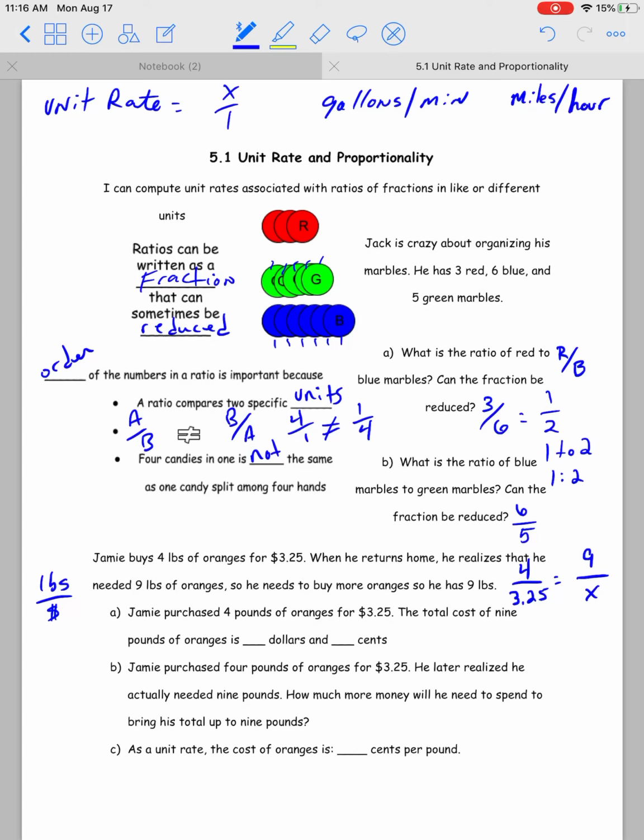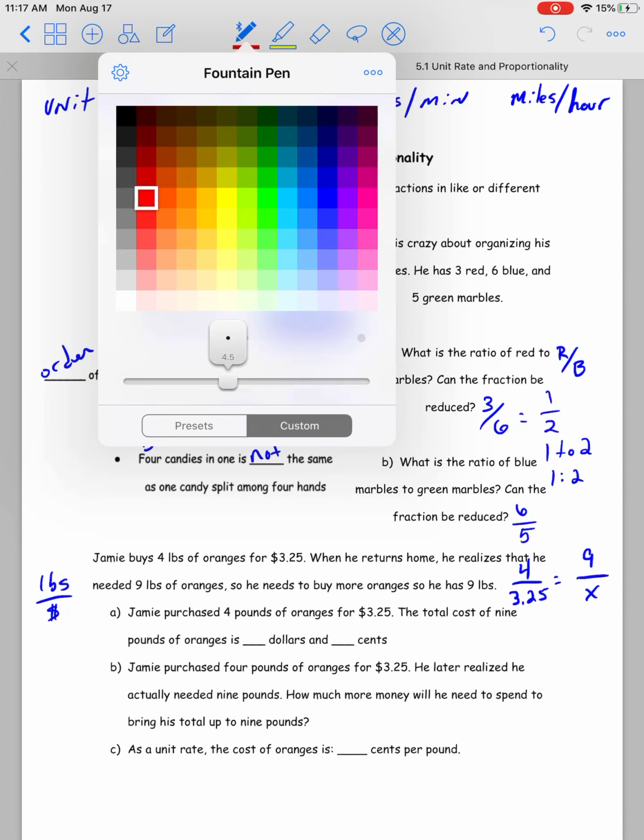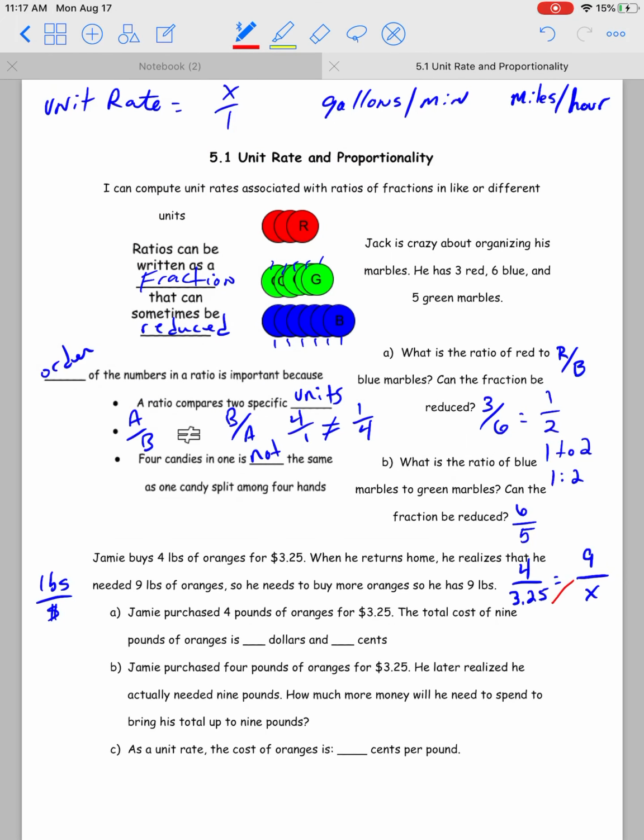I'm just going to use the money symbol. We have 4 pounds per $3.25. What would it be for 9? How could we find that out? What we can do is cross multiply and divide.